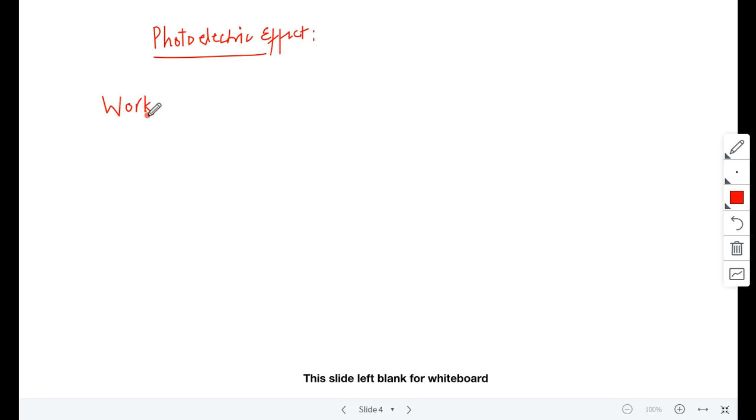Now, what is the work function? The work function is the minimum energy required to release an electron from the surface.